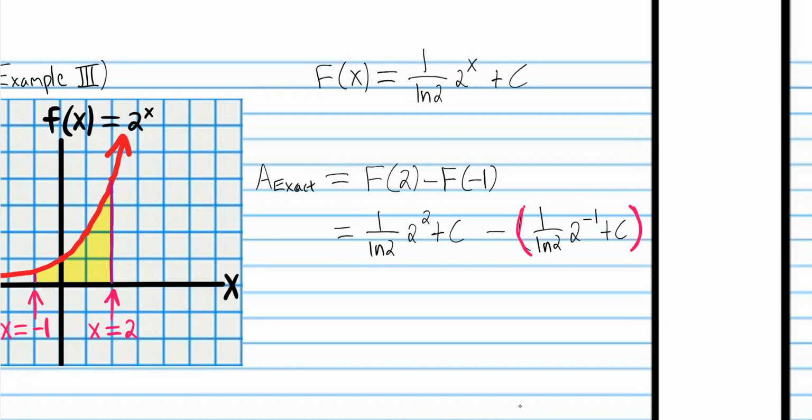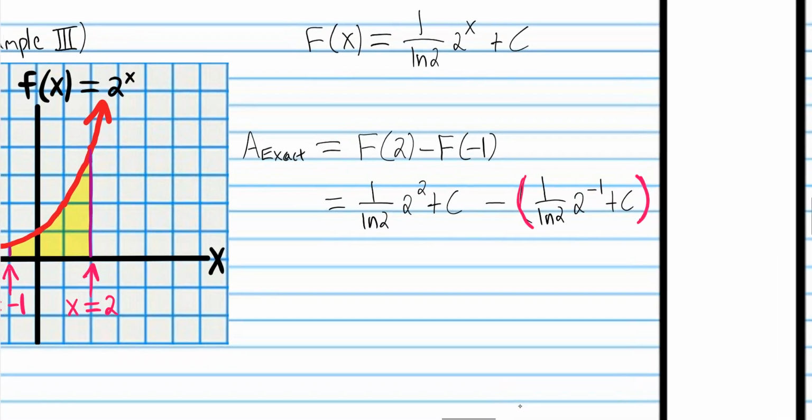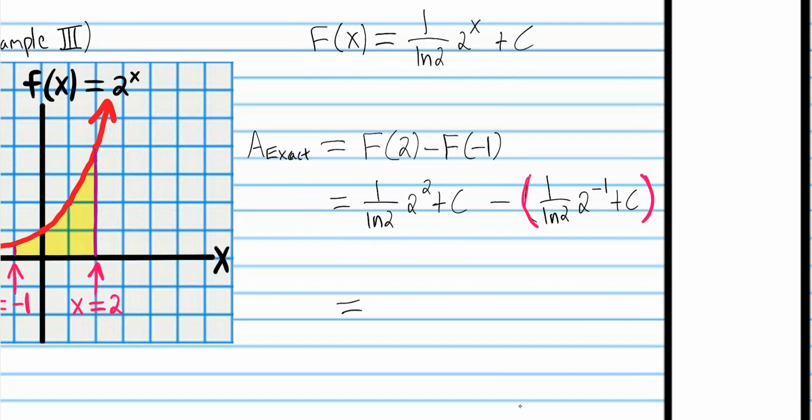So let's double check everything and make sure we did everything correctly. Everything looks correct. So now we just have to simplify. So we get 1 over natural log 2 times 4 plus c minus 1 over natural log 2 times 1 over 2 to the 1 power.